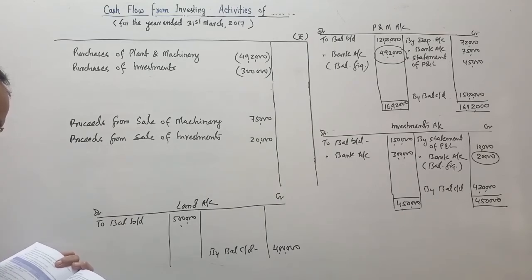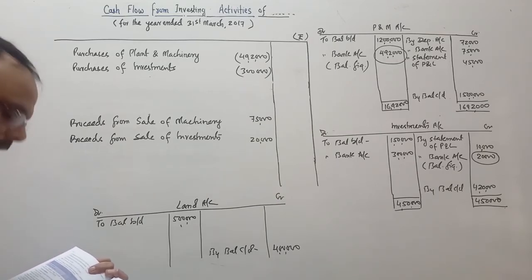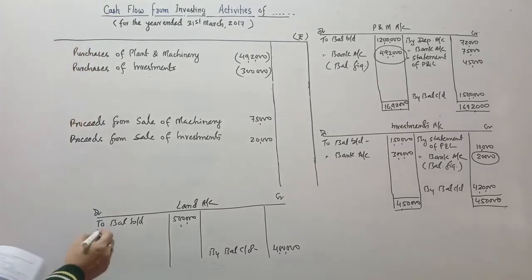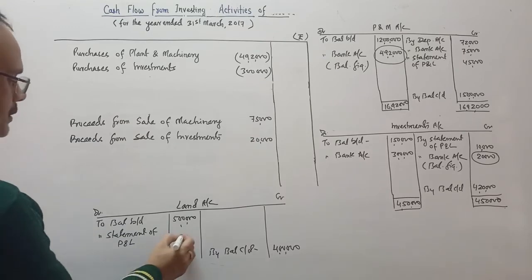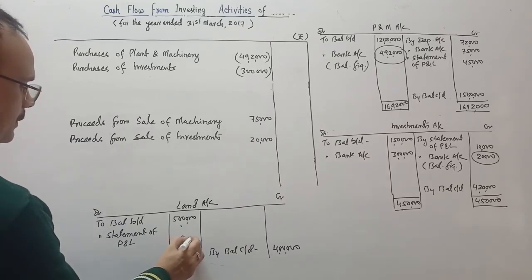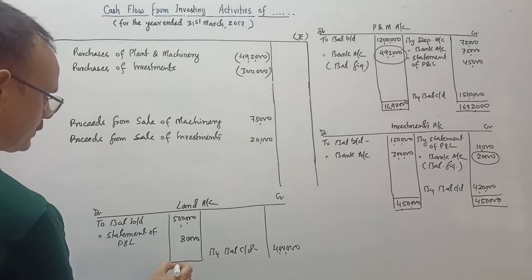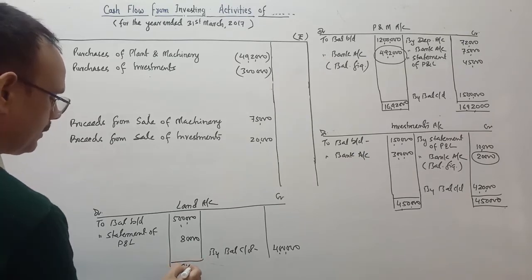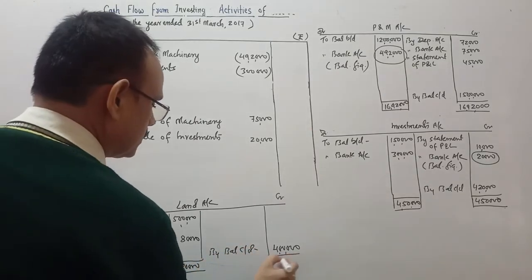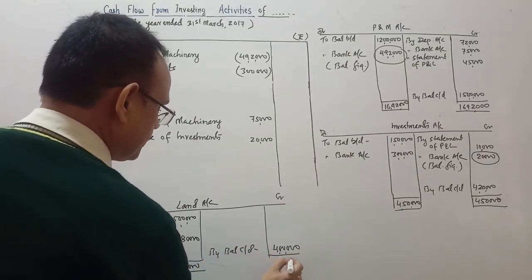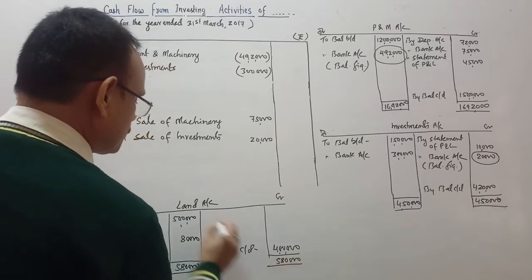Regarding the land, you see the information number 4, land was sold at a profit. When it is sold at a profit, the profit amount we will write on the debit side as statement of profit and loss, 80,000, sold at a profit of 80,000. We have to calculate at what value the land is sold. So 5 lakh 80 I have written on both sides.